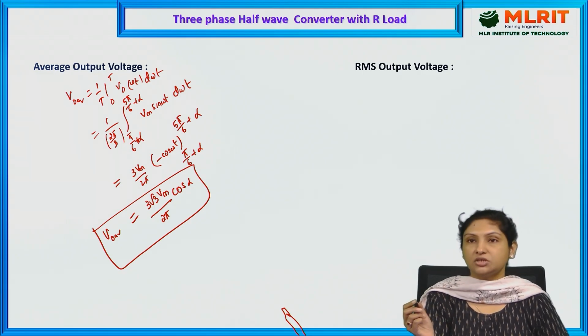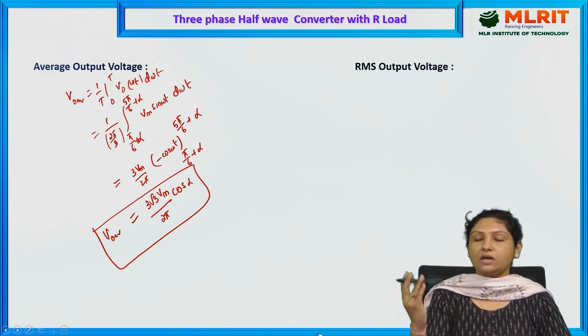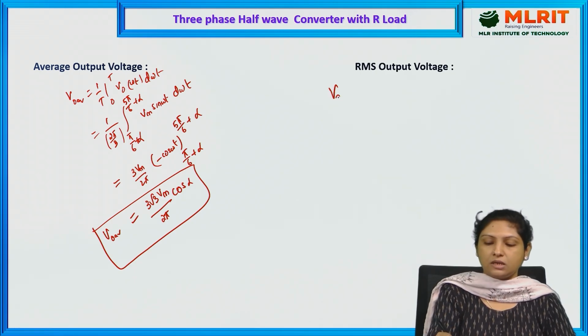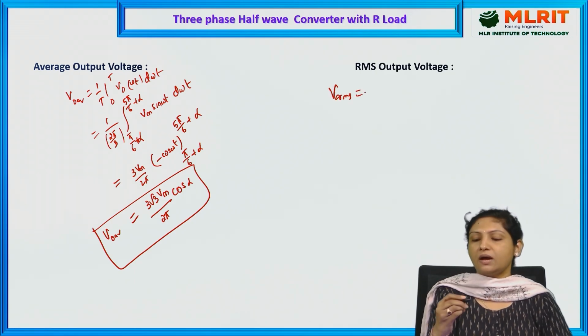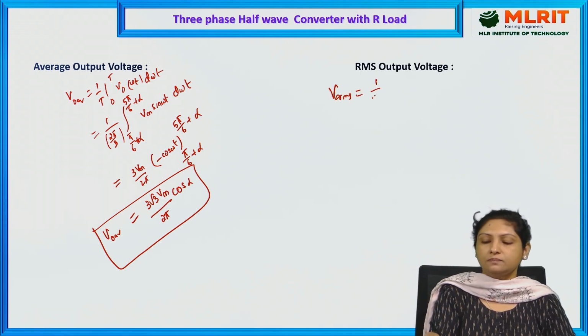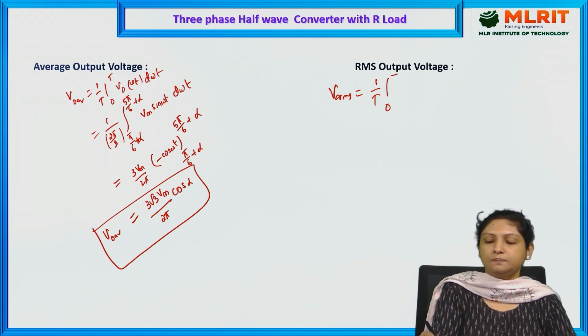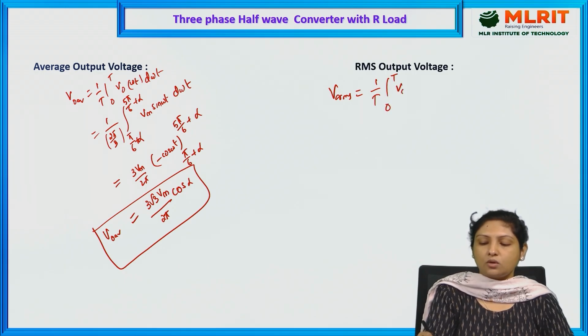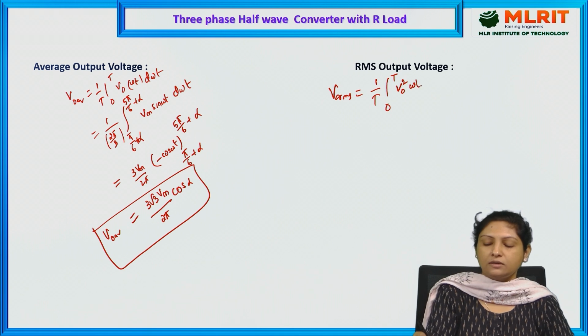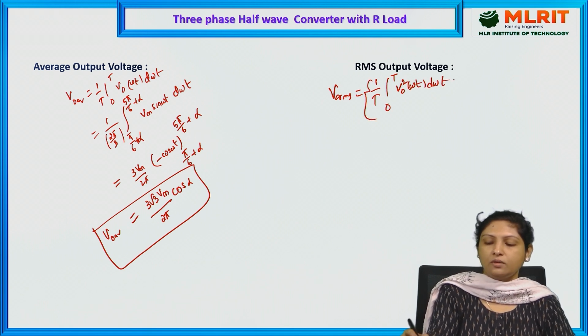Similarly, let us check out the expression for V RMS. V0 RMS is equal to, the general formula we have is 1 by T, 0 to T, V0 square of omega T, d omega T, whole to the power of 1 by 2.